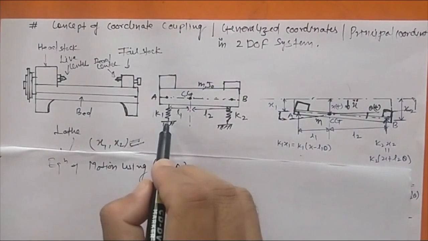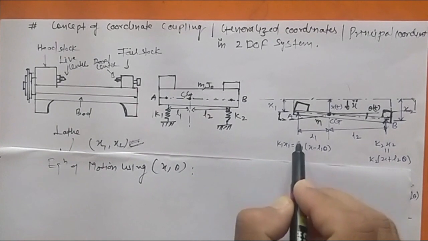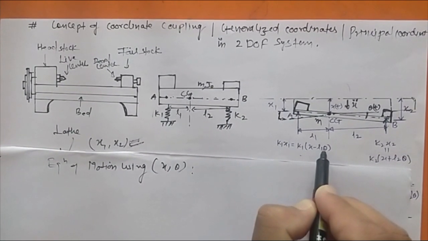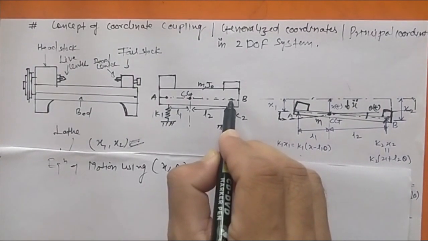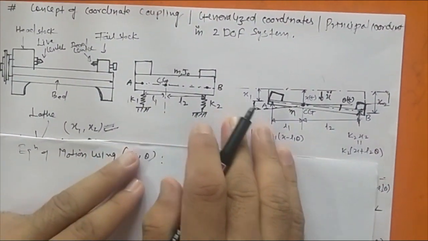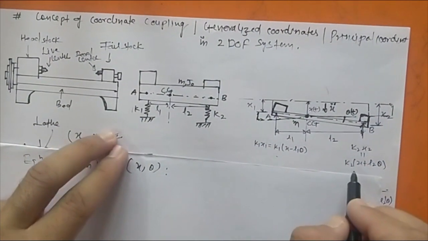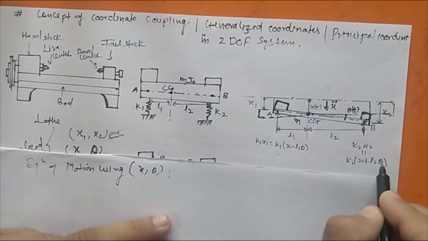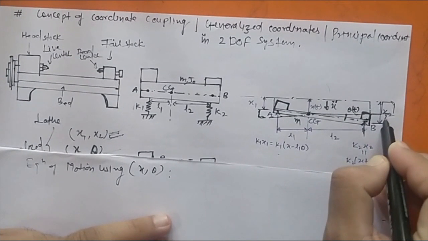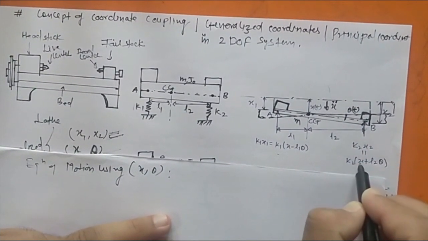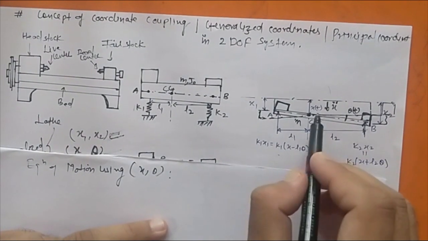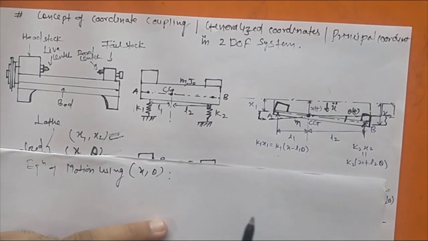So there would be an upward force because of this spring, which is k1 x1, equal to k1 (x minus L1 theta). And at point B there would be an upward force because of this spring, that would be k2 (x plus L2 theta), because the total x2 would be x plus L2 theta. So these are the forces acting on this system.